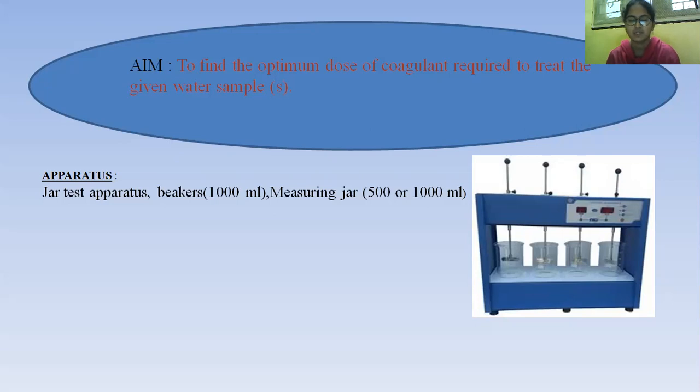These are removed by the process called coagulation. Coagulation is a process in which the finer particles are made to combine together by the use of a reagent called a coagulant.